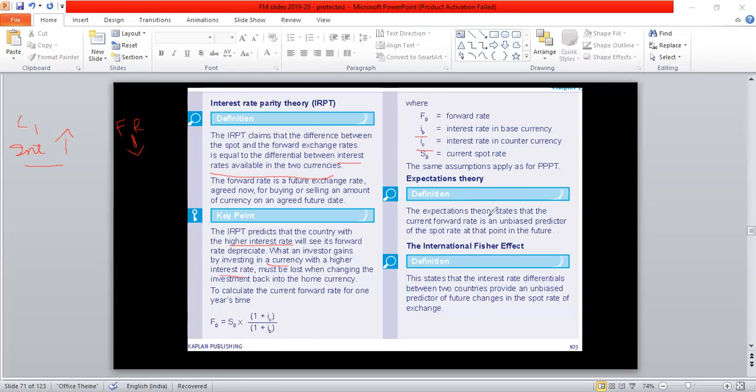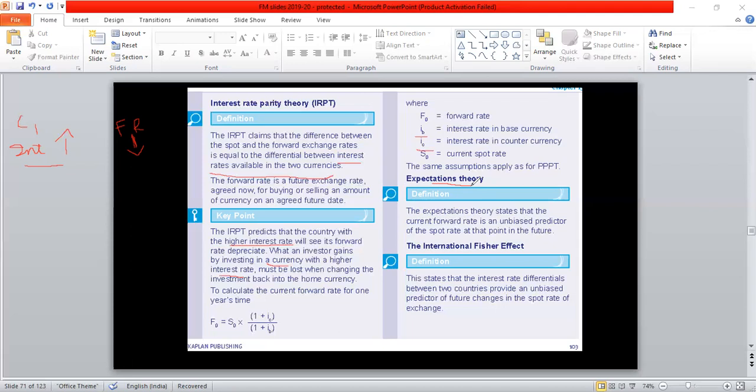Okay. Next, we see that the next theory is expectation theory. The expectation theory states that the current forward rate is an unbiased predictor of the spot rate at that point in the future. So just simply expecting what would be the value in the future. You're anticipating, that's it.